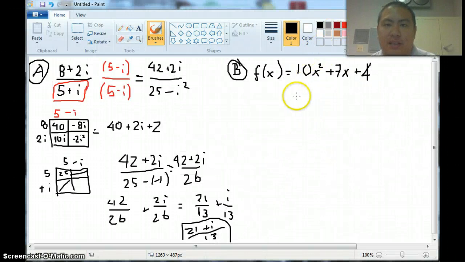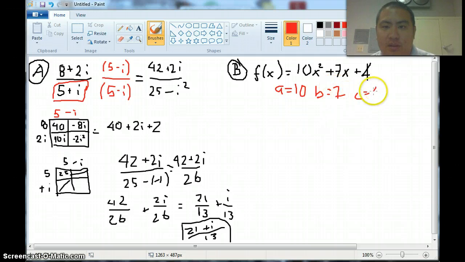We have x equals negative b. So let's write our a, b, and c. a equals 10, b equals 7, c equals 4. Alright, so hopefully you guys know it. If not, look in the book. I'm not going to write out the formula again for you guys.